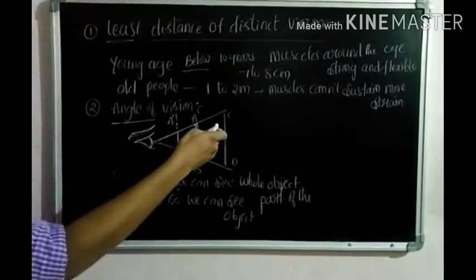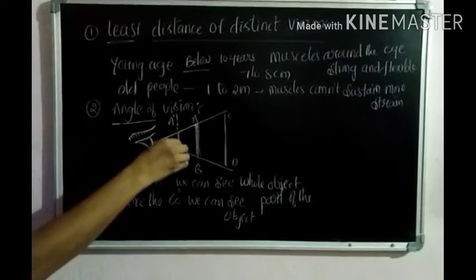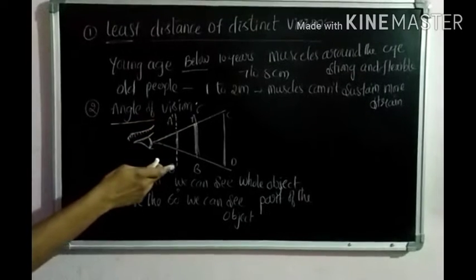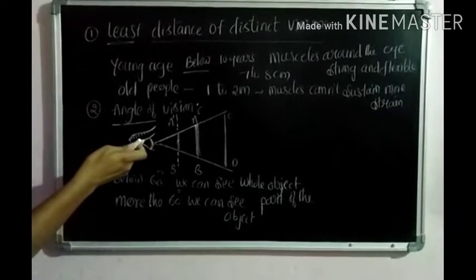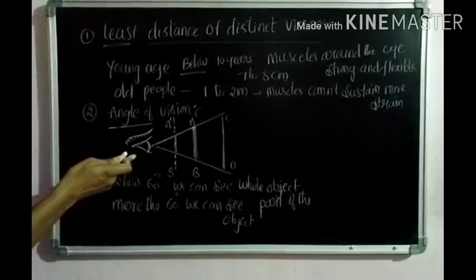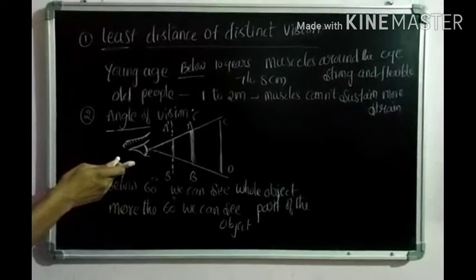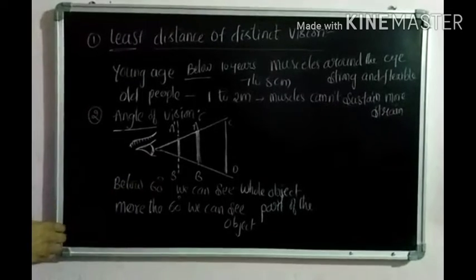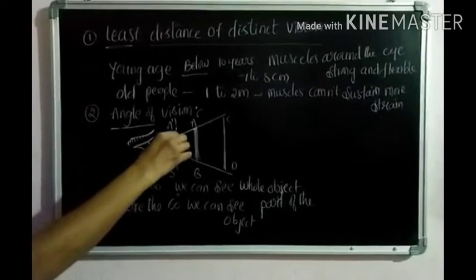But when the object moves closer, the rays coming from A dash and B dash do not reach your eye. That's why you are not able to see the whole object, only a small part of it.